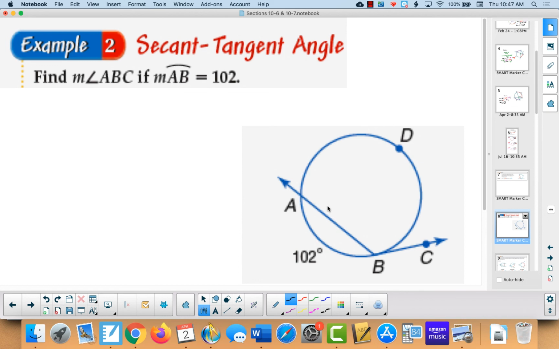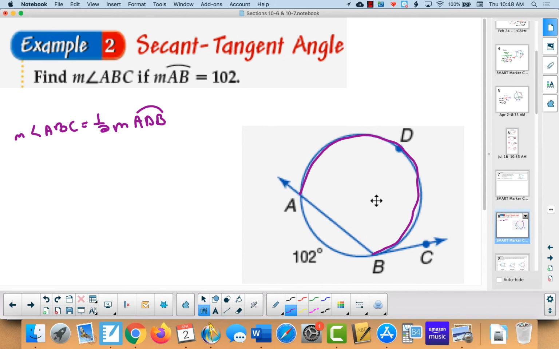In this problem, we're looking for this angle right here. The intercepted arc for that angle goes from A all the way to where it touches the circle again at B. So the measure of angle ABC is equal to 1/2 the measure of arc ADB.